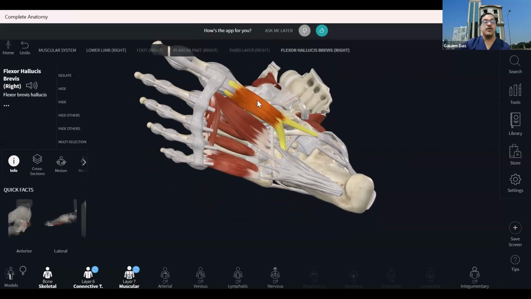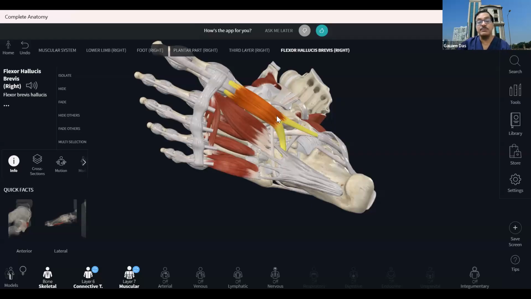These are now the flexor hallucis brevis. Remember, the flexor digitorum brevis was the most superficial, in between the two abductors. But for the great toe, we have a different, strong muscle dedicated only to the great toe, your flexor hallucis brevis.